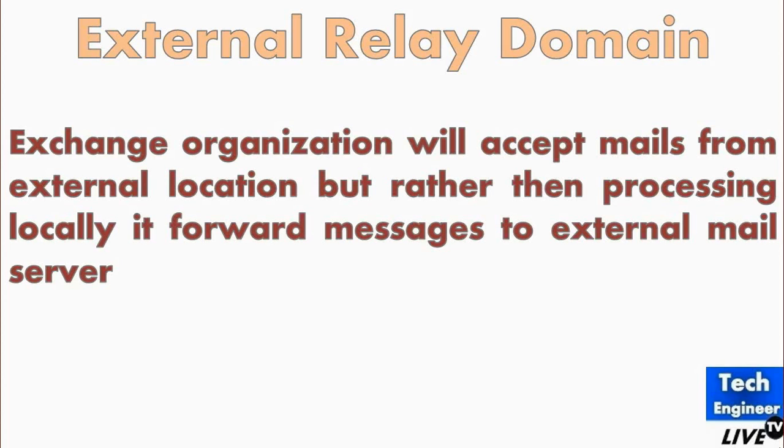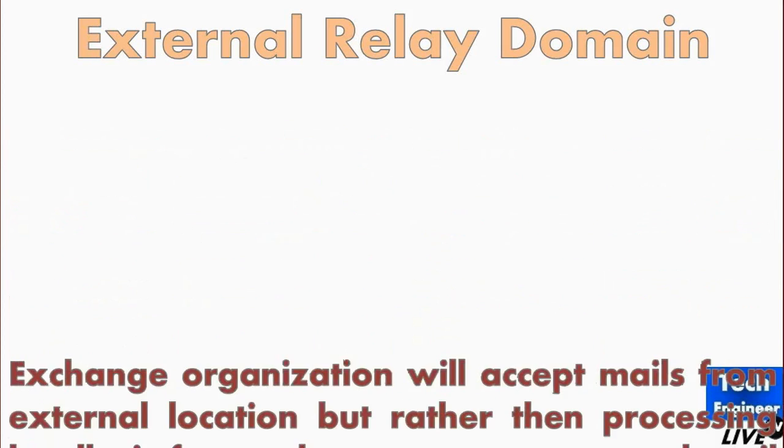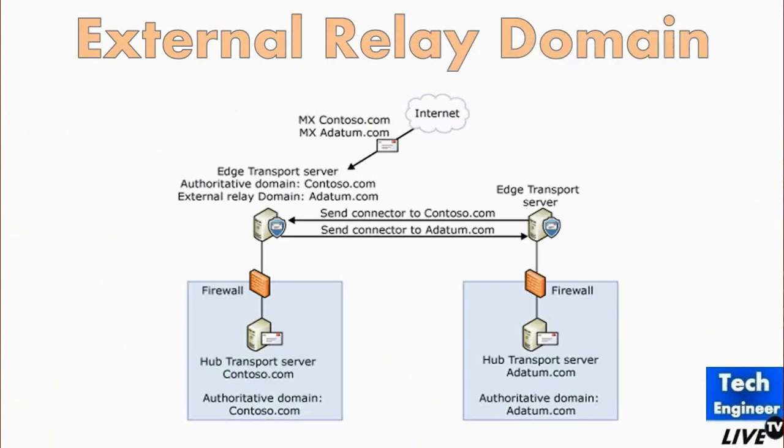Now, for example, let's take the picture over there. This is the internet. It keeps on receiving mails, and the mail is for Contoso.com and Adatum.com. What exactly happens here is that the mail is sent to the Edge Transport server. The authoritative domain in that case is Contoso.com.